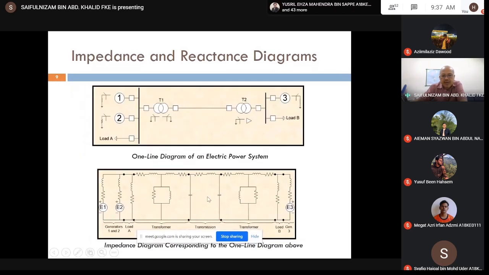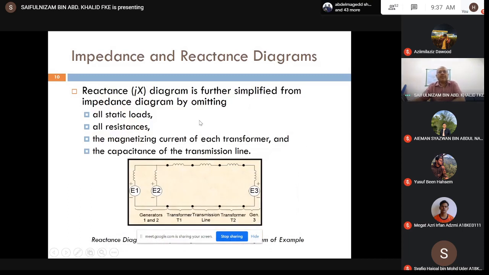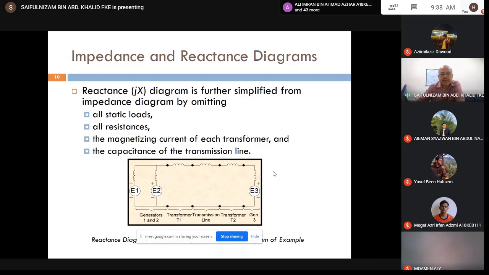So by removing all these quantities, we obtain the reactance diagram, or jX. So reactance only, right? There is no real part of the impedance. Any questions regarding the reactance diagram? Make sure you understand the one-line or single-line diagram, the impedance diagram, and the reactance diagram.